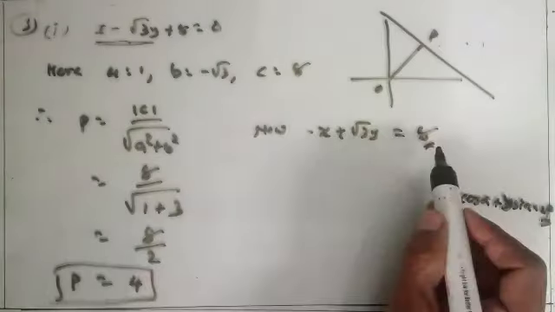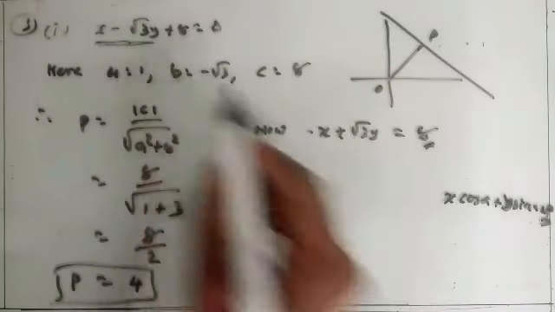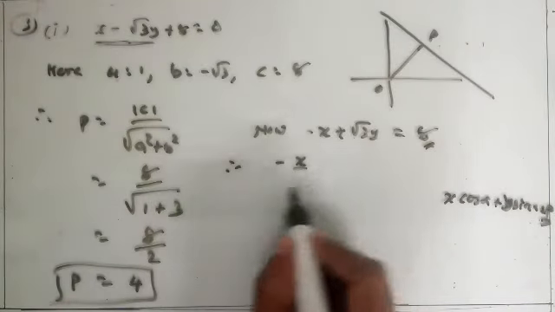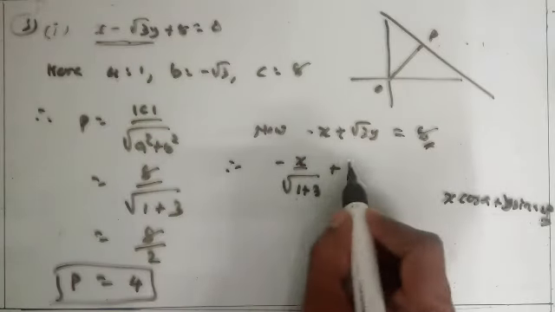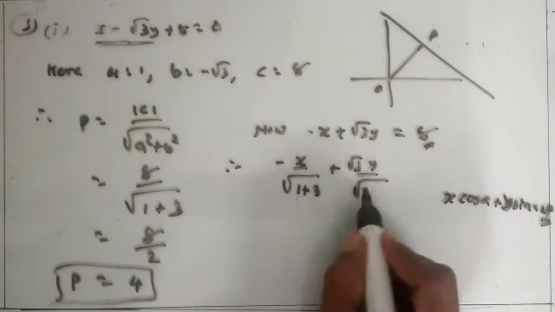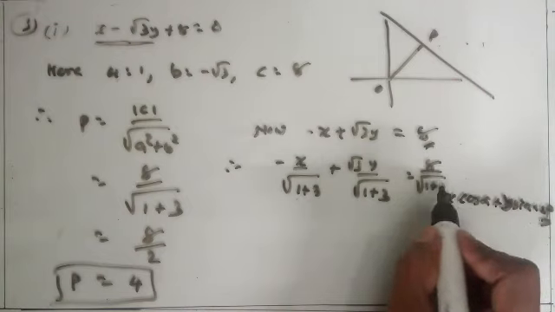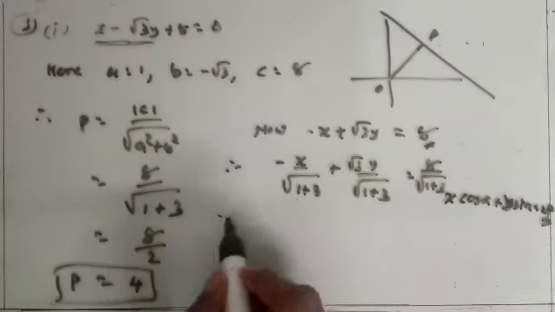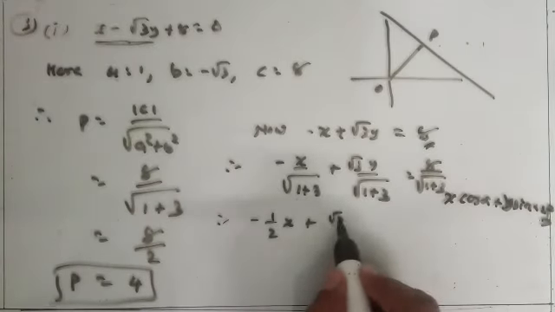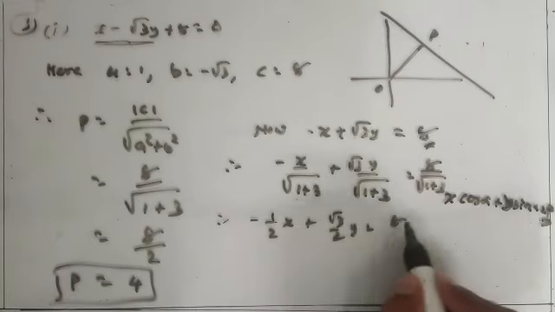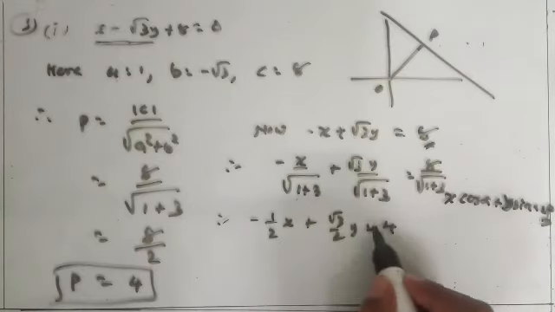Now dividing both sides by root of a square plus b square, we get minus x upon root of 1 plus 3 plus root 3 y upon root of 1 plus 3 is equal to 8 upon root of 1 plus 3. Clear? So simplify this: minus 1 upon 2 x plus root 3 upon 2 y is equal to 8 upon 2, that is 4.